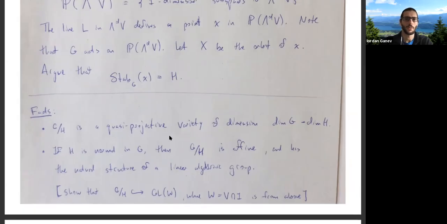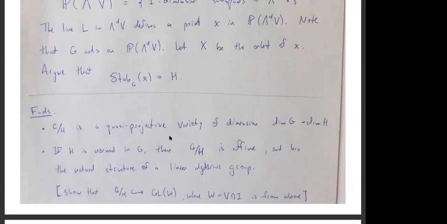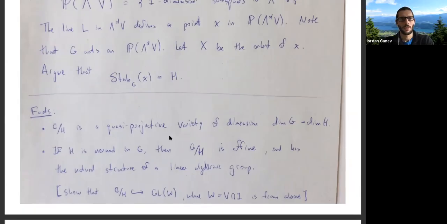So it's an orbit of the group G, and any orbit is an intersection of an open and closed inside the variety, so it's a projective variety. Any closed subset is projective, and quasi-projective means open inside of a projective variety. Does that answer your question, or was your question something different?